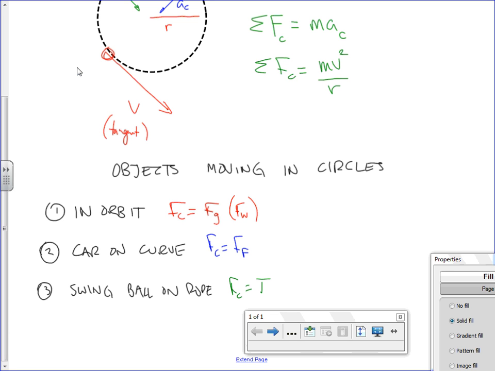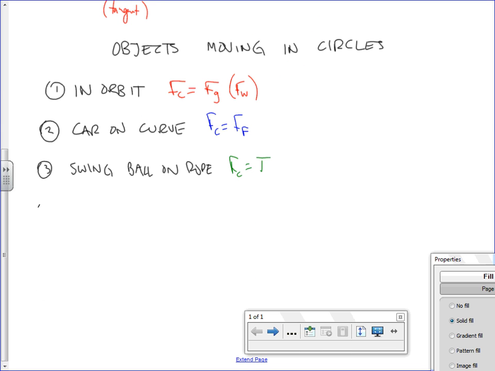Roller coaster loop: centripetal force equals normal force. Not sure what else we need to talk about there.